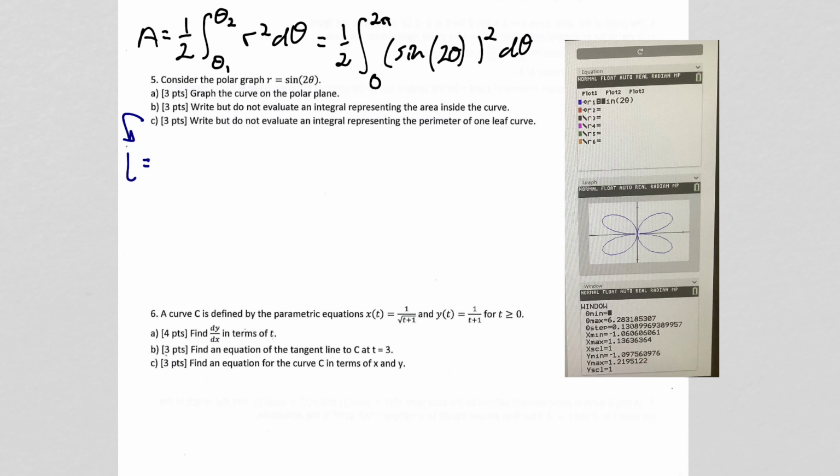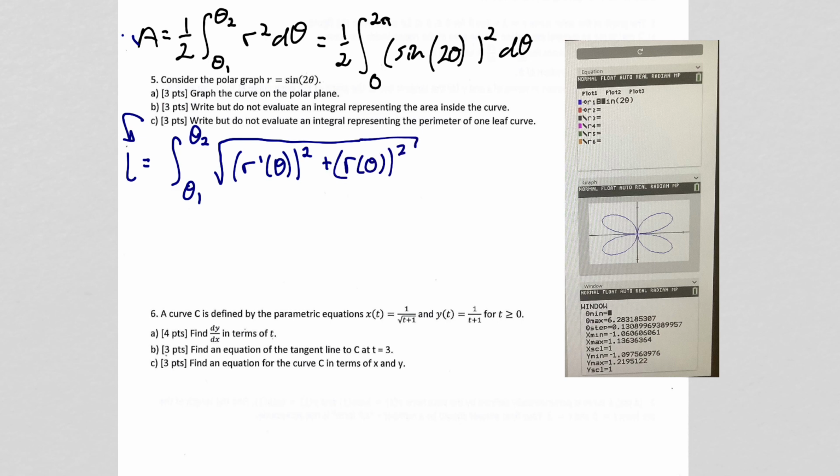Length is equal to the integral from theta 1 to theta 2 of the square root of, there's a couple ways to write it, I'm going to write r prime of theta squared plus r of theta squared d theta.